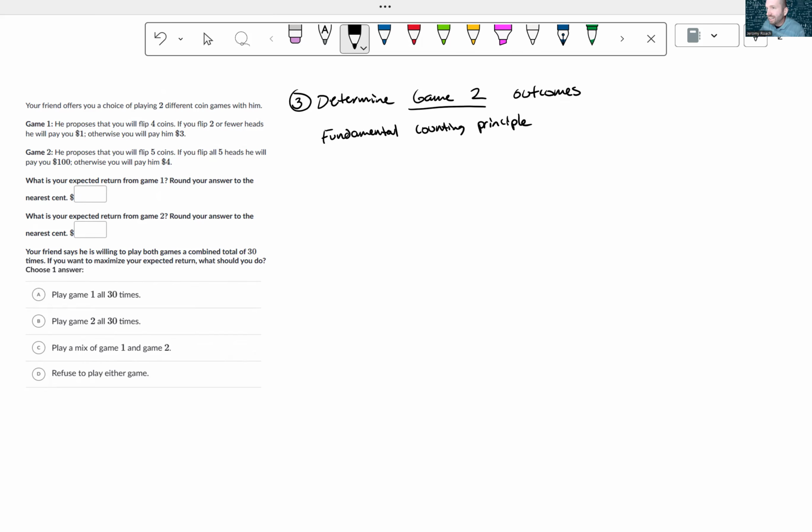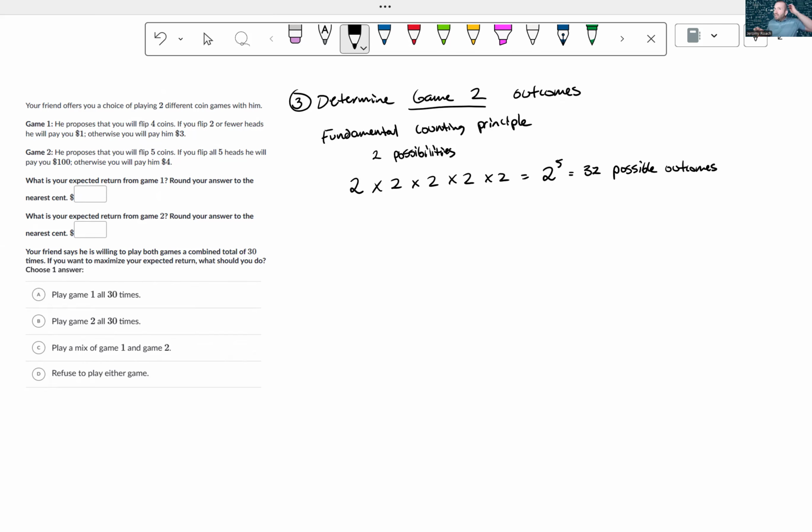And so we could have heads or tails, so we have 2 possibilities for each coin flip. Then there's 5 coin flips, so that's 2 times 2 times 2 times 2 times 2, or 2 to the 5th, which is 32 possible outcomes.